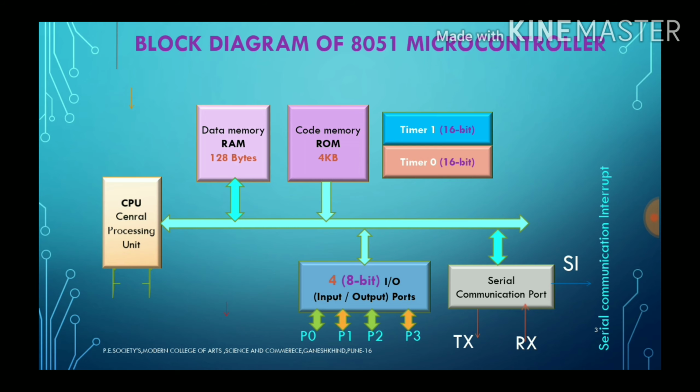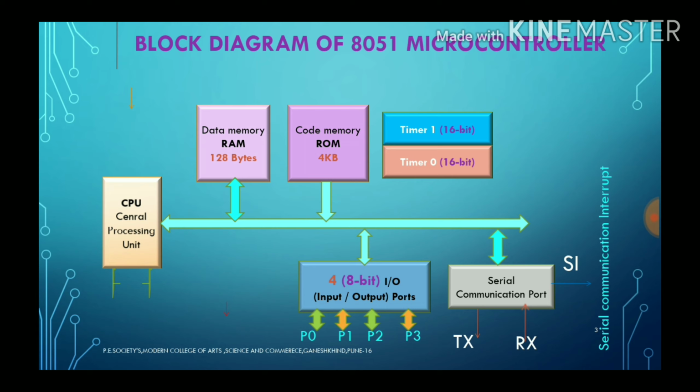These are simply counters which count the number of pulses on their clock input. Two timers are present on the 8051 microcontroller, timer 0 and timer 1. The timers or counters can start from 0 and can reach a maximum of 65,535 counts.